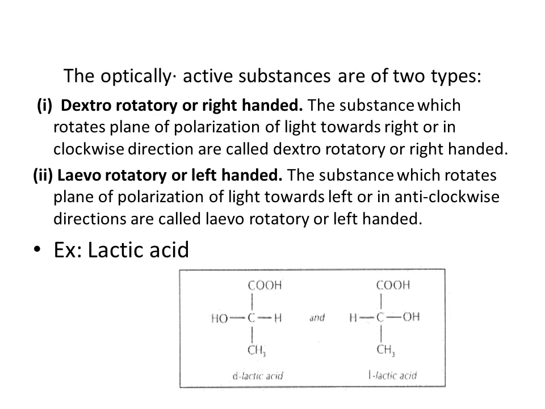Levorotary or left-handed: the substance which rotates plane polarized light left, or in an anti-clockwise direction, is called levorotary or left-handed. So just in the example here we have lactic acid, and this is the dextrorotary lactic acid, and this is the levorotary lactic acid. So they have the same elements and atoms around the carbon, it's just they're in a different order.